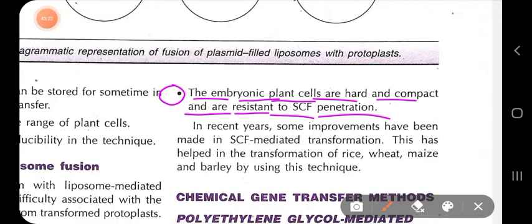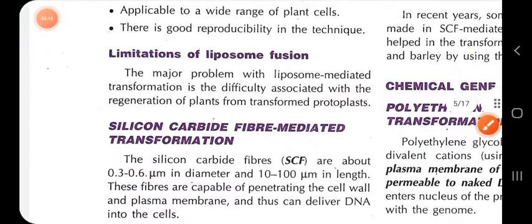Their cell walls are quite hard. You cannot penetrate the silicon carbide fibers into the cell wall of embryonic plant cells. So here there is a limitation on this technique.